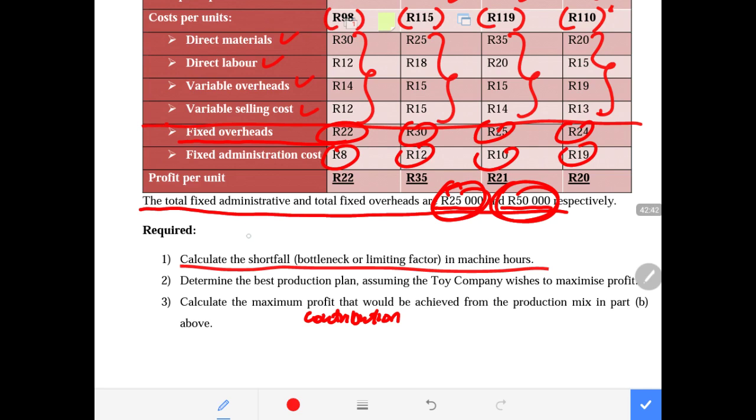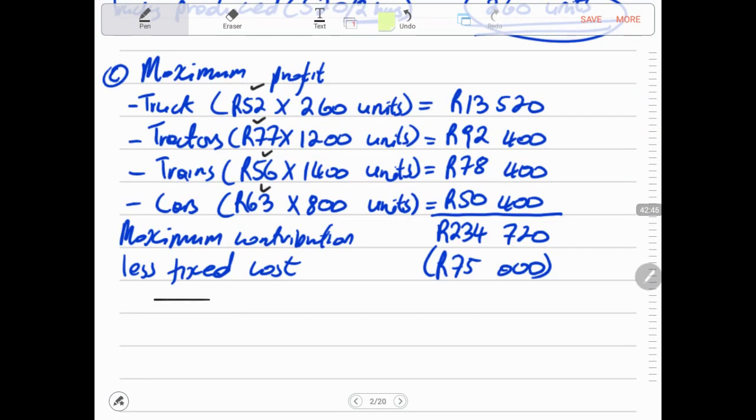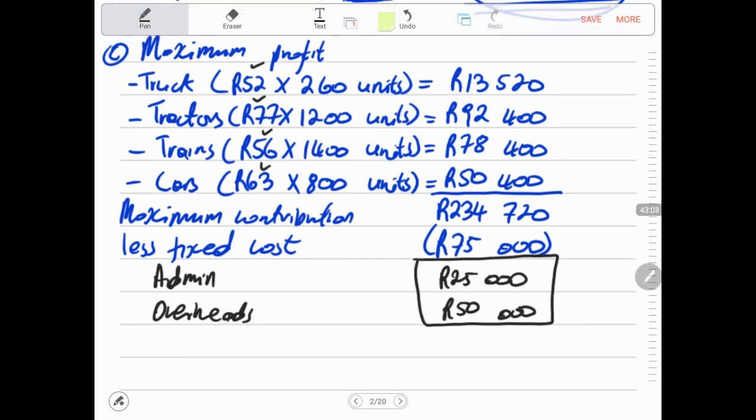We have administrative fixed cost and overheads 50,000. They are divided into admin 25,000, and our fixed overheads are 50,000. Please make sure that you show all these calculations in details.